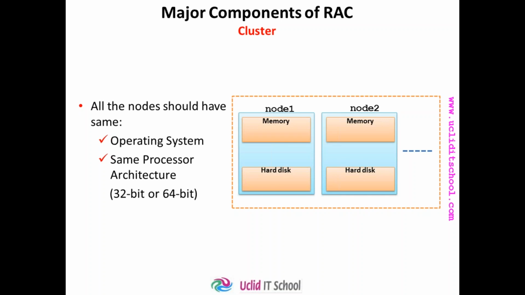Of course, nowadays with 12c it is all 64-bit hardware, no more 32-bit. If you are running 11g, you still have the option to choose 32-bit hardware. So two key points are every server should run the same operating system and same processor architecture. That is the requirement for the cluster.